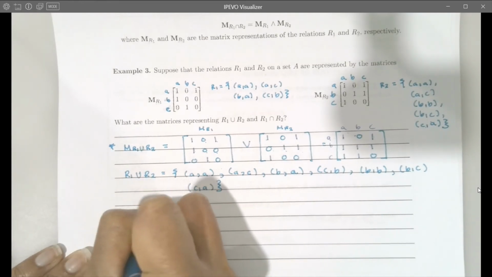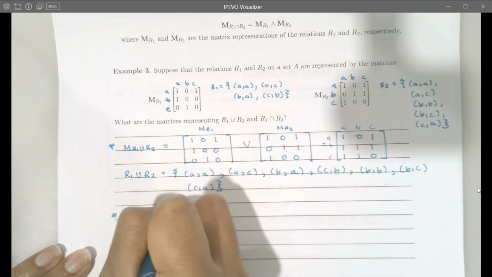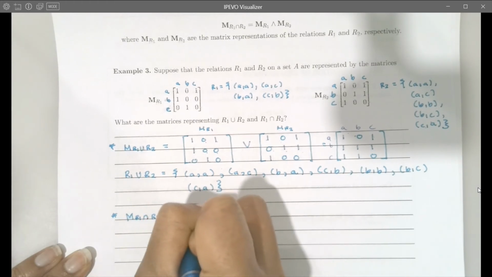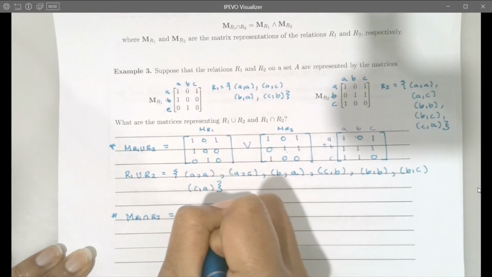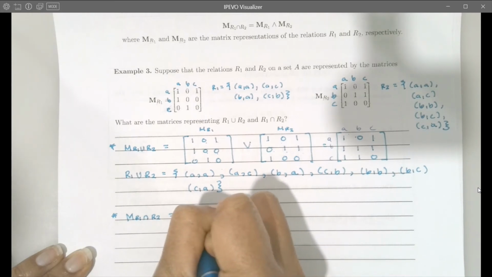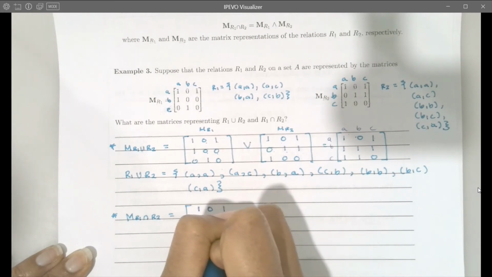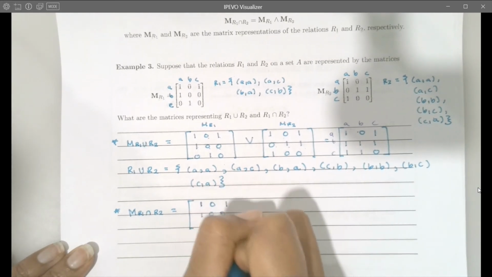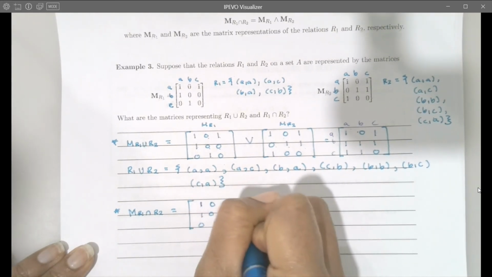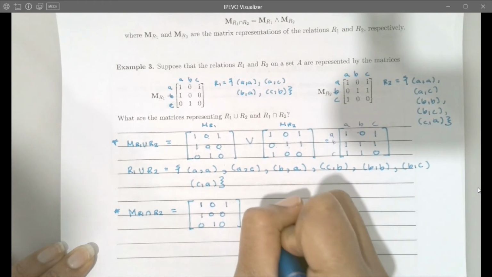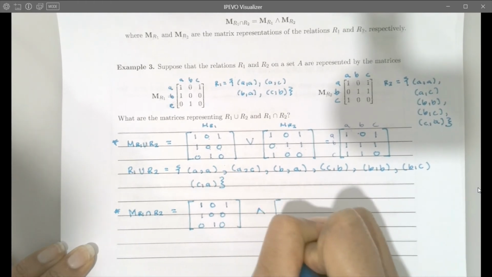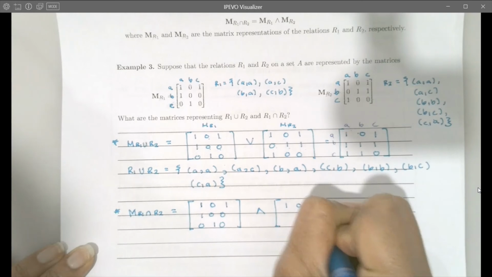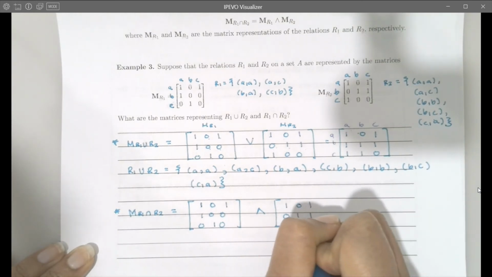So the matrix representing the intersection of R1 and R2 will be the conjunction of matrix 0, 1, 0, 1, 0, 1, 1, 0, 0, 0, 1, 0. That's for R1. And then conjunction with the matrix for R2, which is 1, 0, 1, 0, 1, 1, 1, 0, 0.